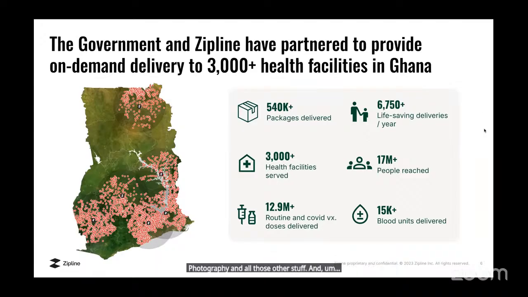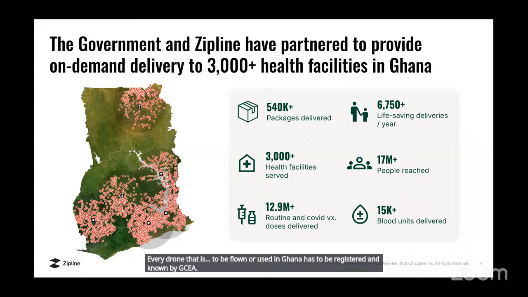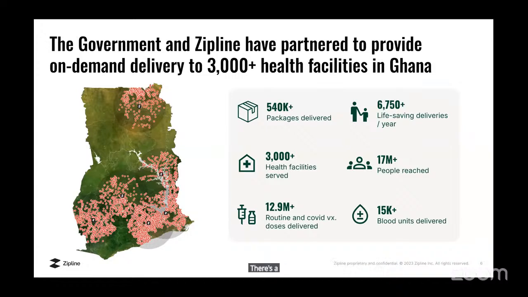And in Ghana, GCA has a laid down criteria for registering and bringing in drones. Every drone that is to be flown or used in Ghana has to be registered and known by GCA. There's a criteria for that, and you can do it either as a private drone, recreational, or commercial use.